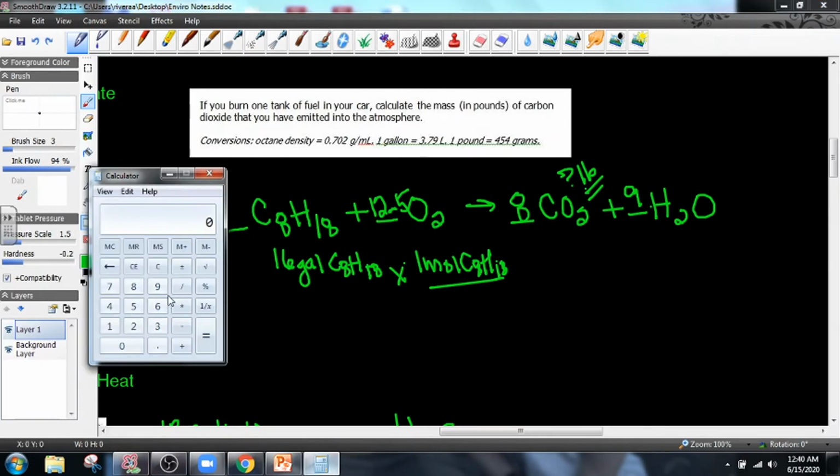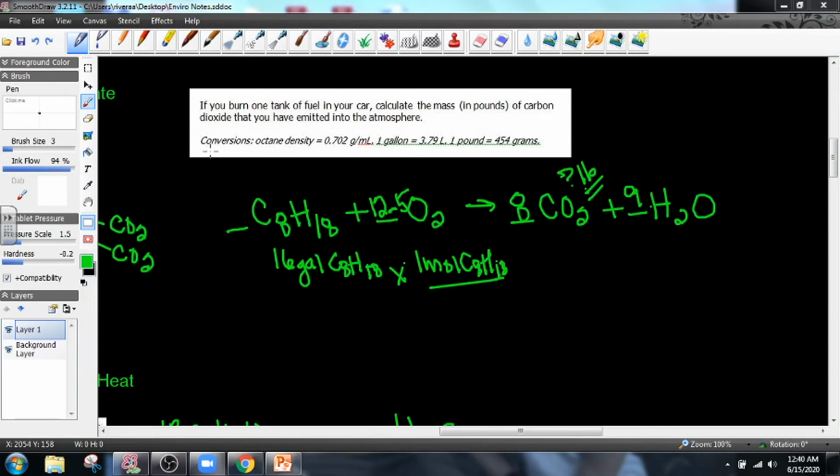What am I calculating? Molar mass. 8 times 12 plus 18. 114. All right, there's my molar mass. 114 grams.